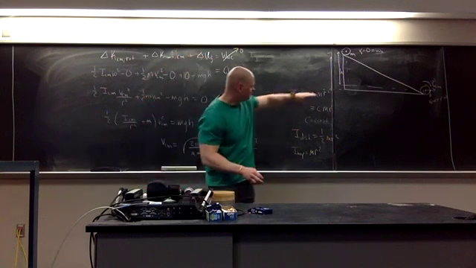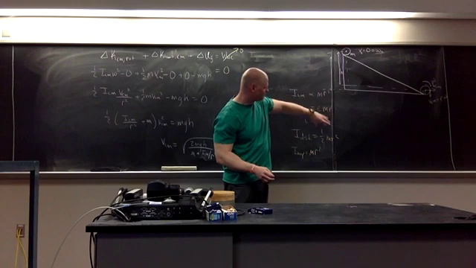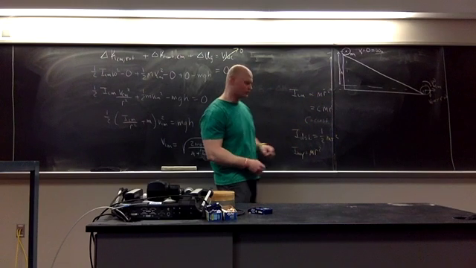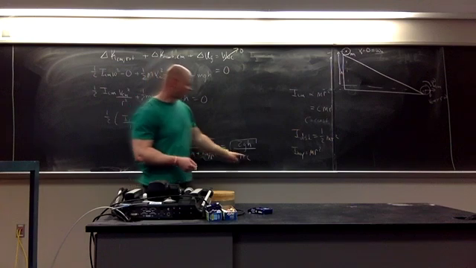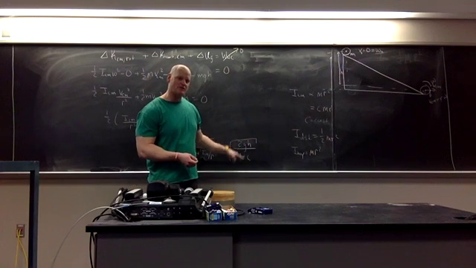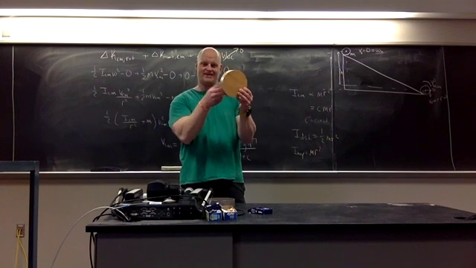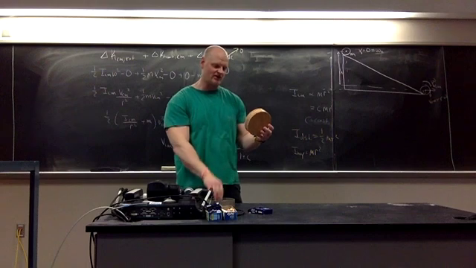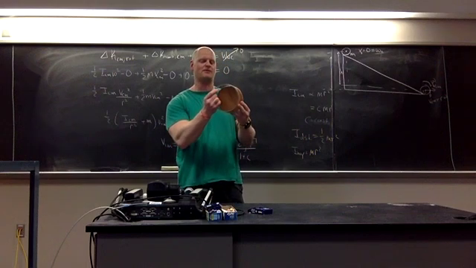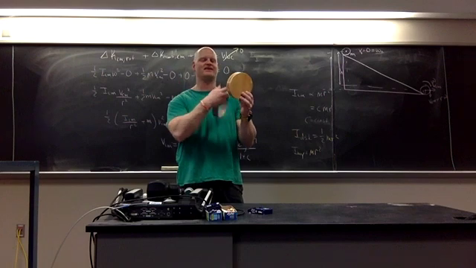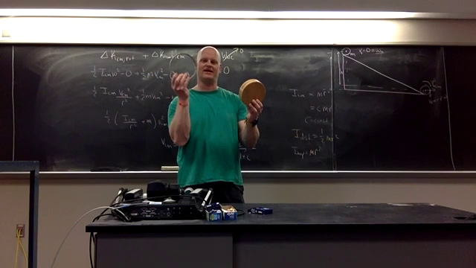So c for the disk is simply 1/2, where c for the hoop is equal to 1. 1/2 is smaller than 1, which means the one with the smallest, the solid disk, is going to win. So we saw that this one had a faster velocity by the time it reached the bottom, as opposed to this one, and the reason is, again, that this one has a smaller moment of inertia than this one.